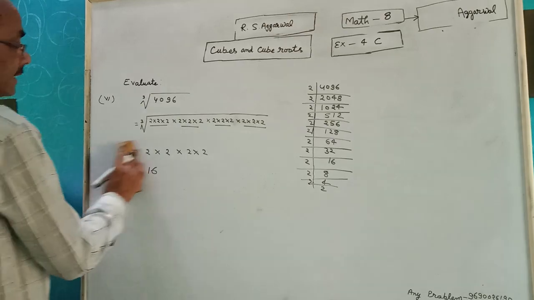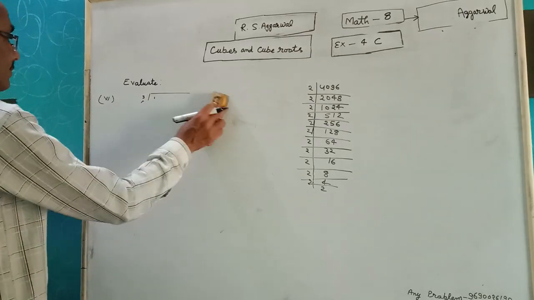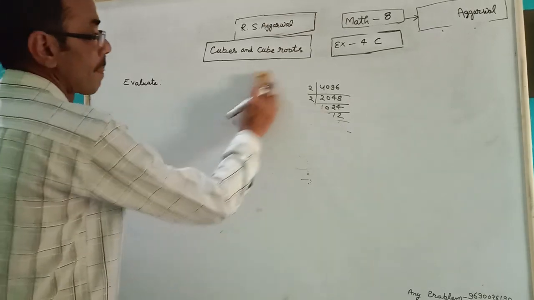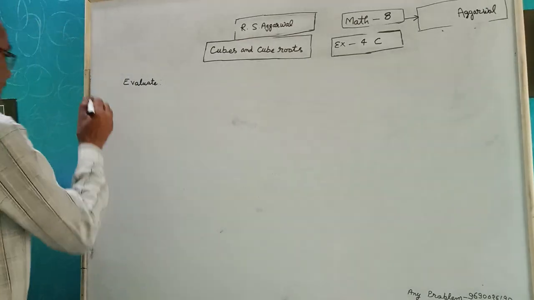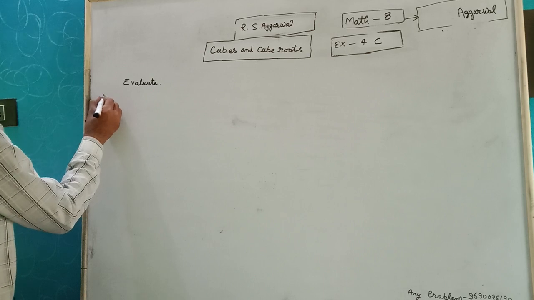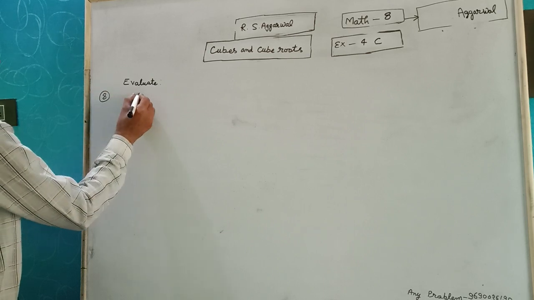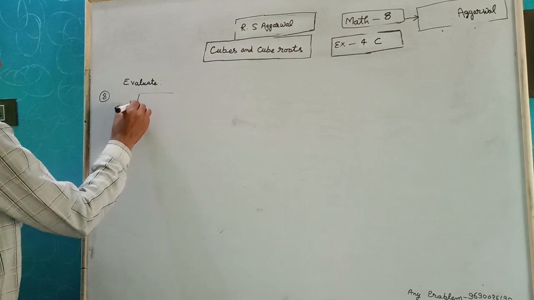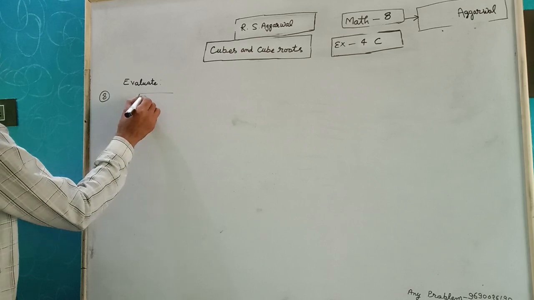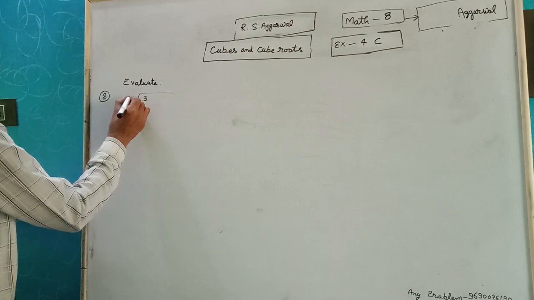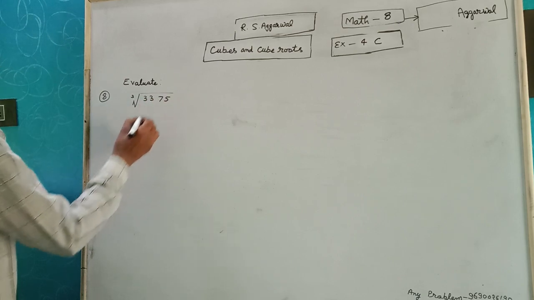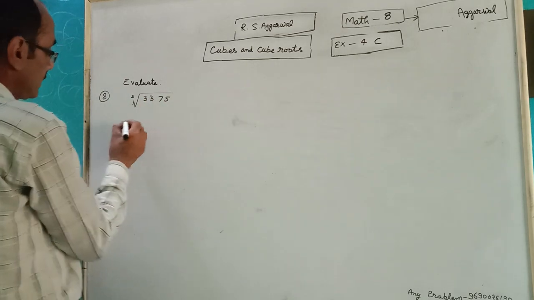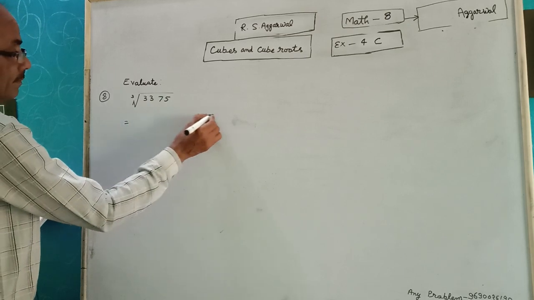Question number 8. 8 is cube root of 3375. Do the factor.